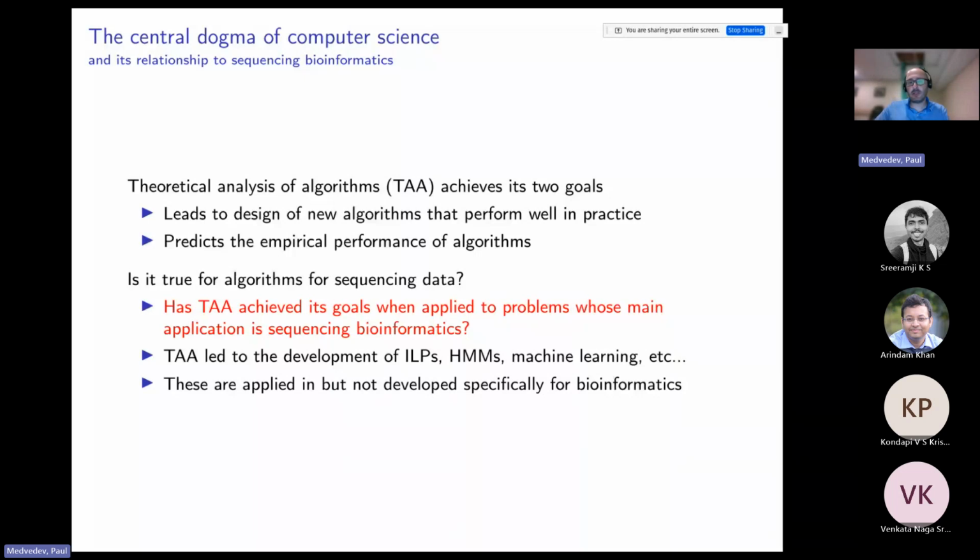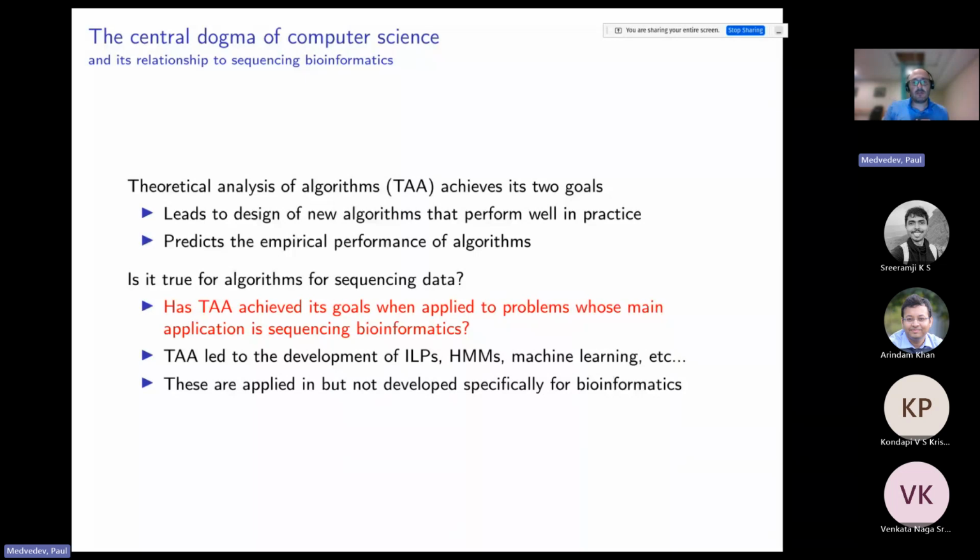And right away, I should point out that sequencing bioinformatics relies a lot on black box solutions like integer linear programs or HMMs and so on. Of course, algorithms for those have been developed, and you could really say that the theoretical analysis of algorithms has led to the development of things like the Viterbi algorithm for HMMs. And so that's definitely true.